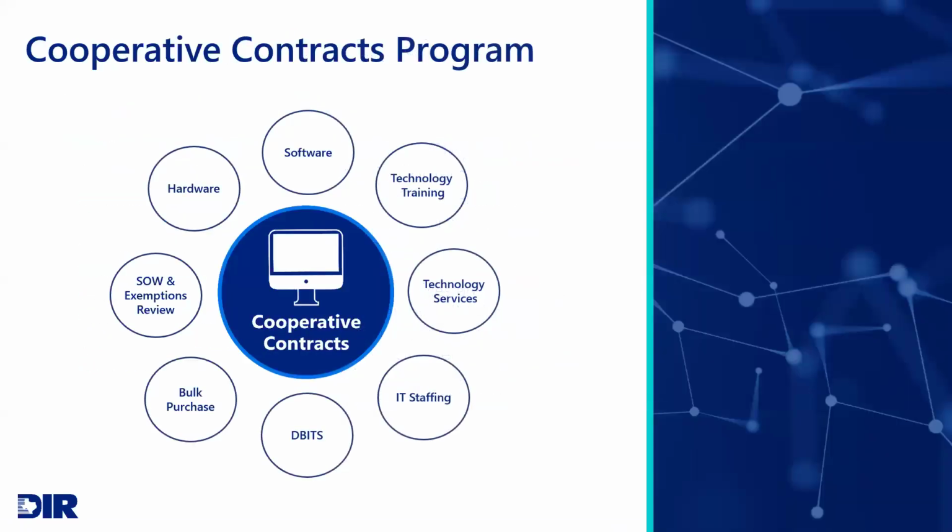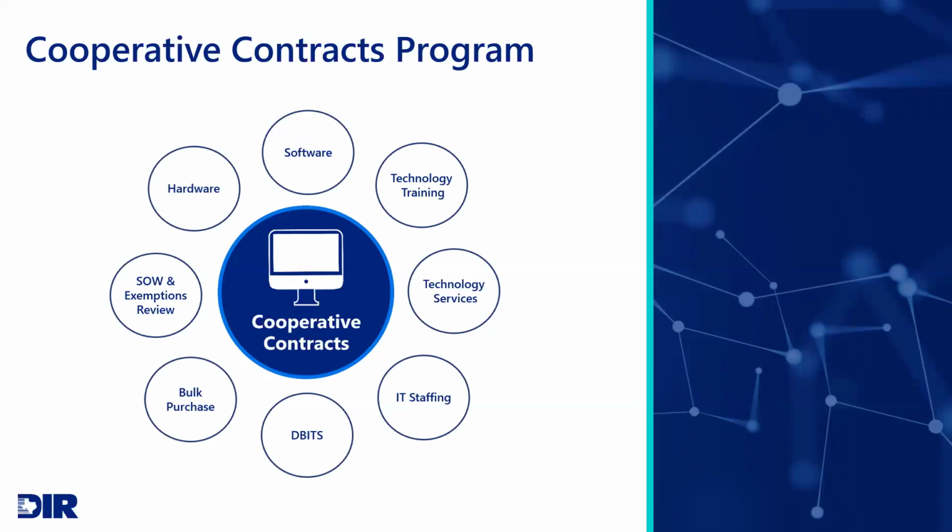So let's talk about our DIR Cooperative Contracts program. This might be the area of DIR where you might already be familiar with buying through our DIR Cooperative Contract vendors. You don't need to have an agreement on file with DIR in order to buy through our cooperative contracts. And this is where you, our customers, can go buy things directly for things like hardware items, different software functions.